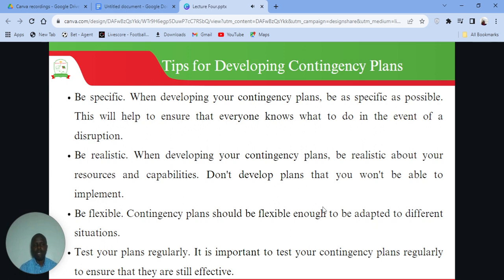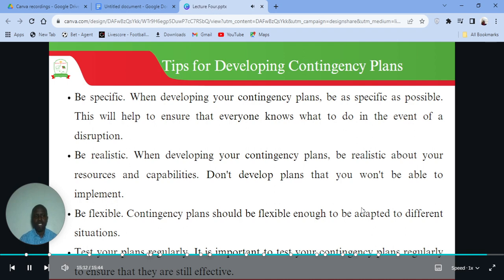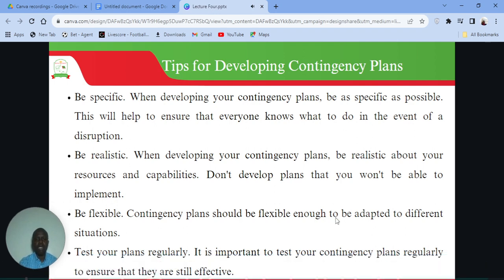So based on those discussions around risk mitigation, I intend that you also do research on those strategies that we did mention, find out how they work, find out how different organizations are adopting these particular strategies.